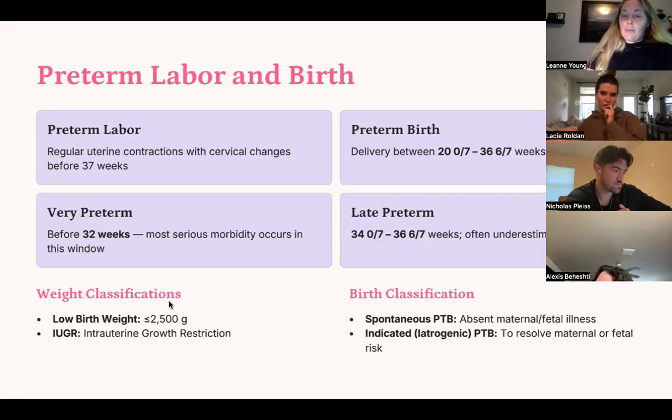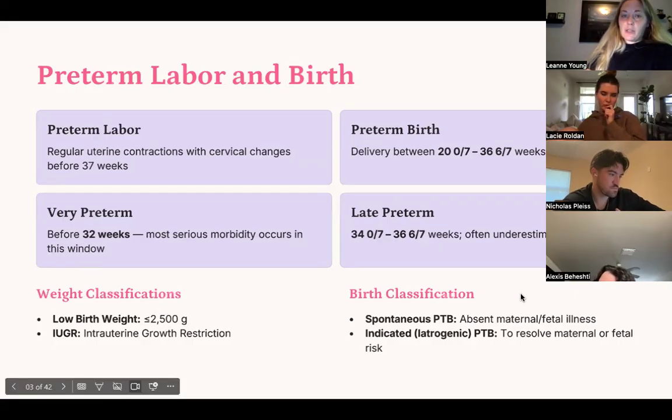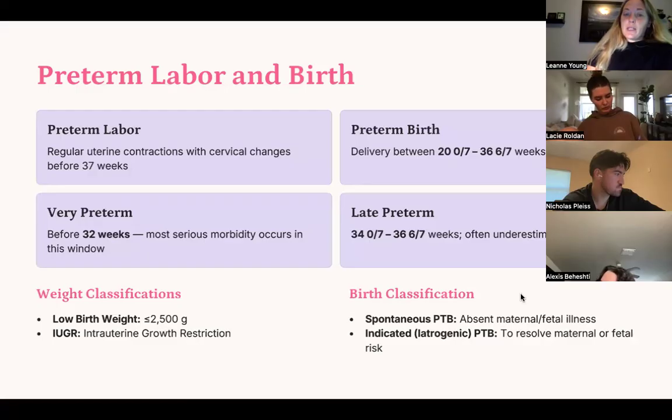Okay. As far as this birth classification part on this slide, we're talking about spontaneous preterm birth and then indicated preterm birth. So, a spontaneous preterm birth is something that happens without it being planned from a medical standpoint. Mom comes in spontaneous labor. Maybe she had a uterine abruption because she was part of a motor vehicle accident.